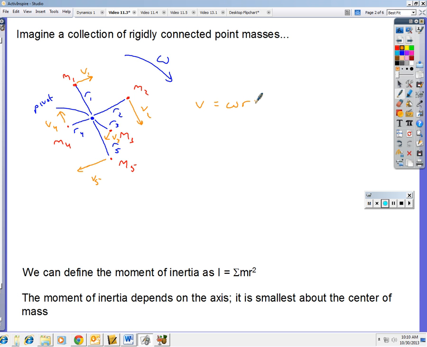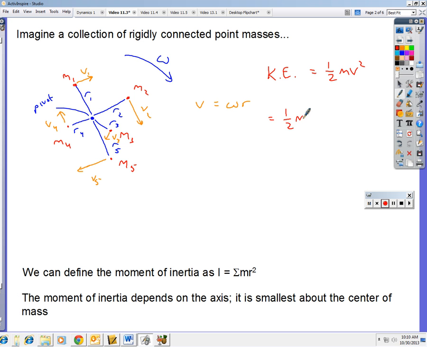And then we can calculate the kinetic energy of this system of particles. We know that kinetic energy is 1/2 mv squared. We just need to add that up for all the particles.